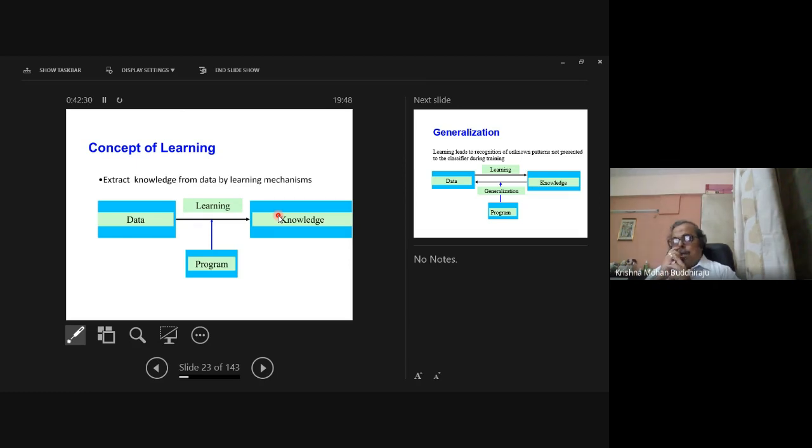So there are three things that we are looking at right now. One is the labeled training samples. We call them training samples because the classifier trains itself to relate the input data to the target classes. And at each sample, what do you have? You have a set of what are called features in machine learning terminology.